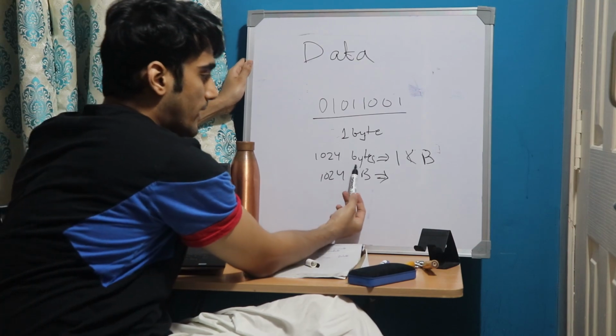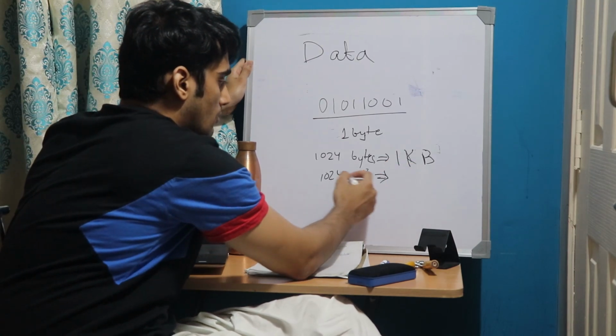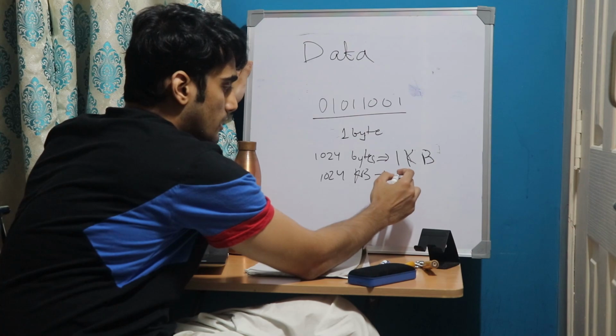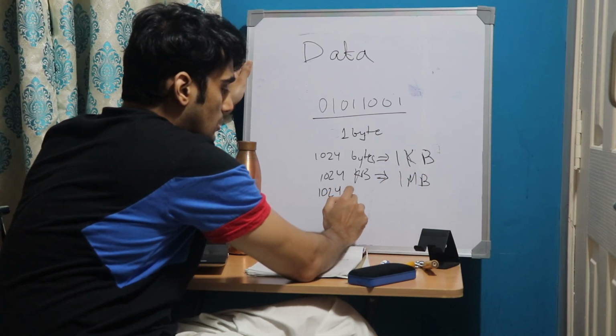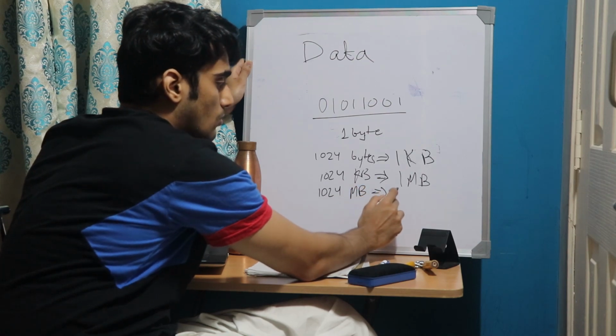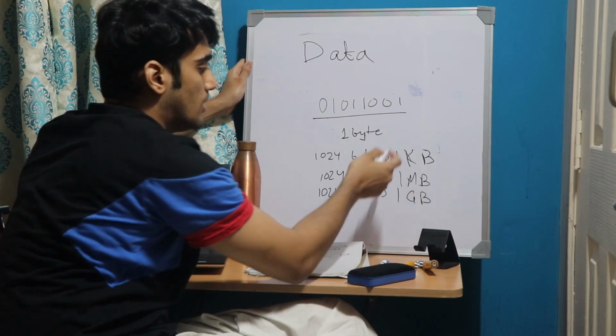So 1024 bytes create 1 kilobyte, 1024 kilobytes create 1 megabyte, 1024 megabytes create 1 gigabyte, and it goes on.